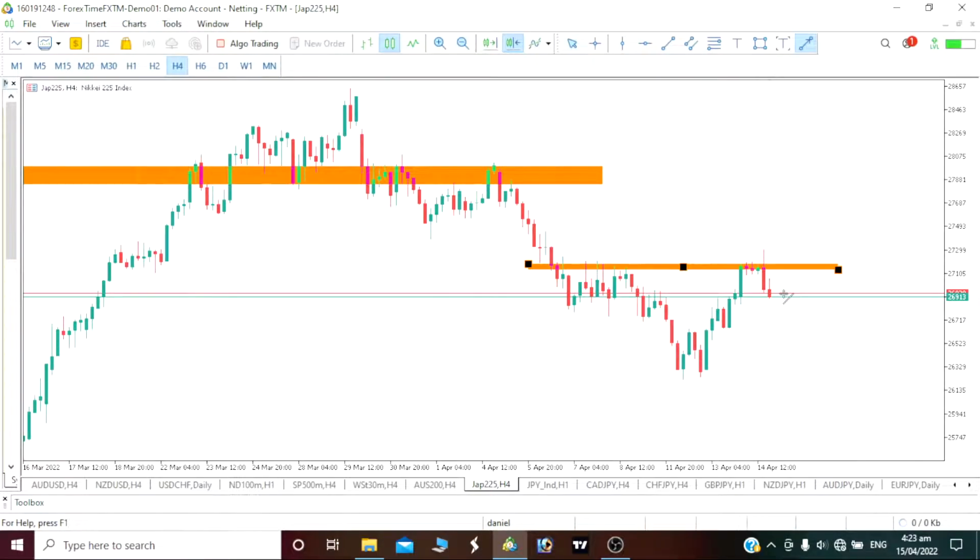Definitely we should continue seeing that sell position here before probably we can see a break of this structure, continue downward, or you will see our price pull back, giving us that pullback and continue the break of structure downward. So exactly what we should be looking for on our Nikkei 225 index for today.